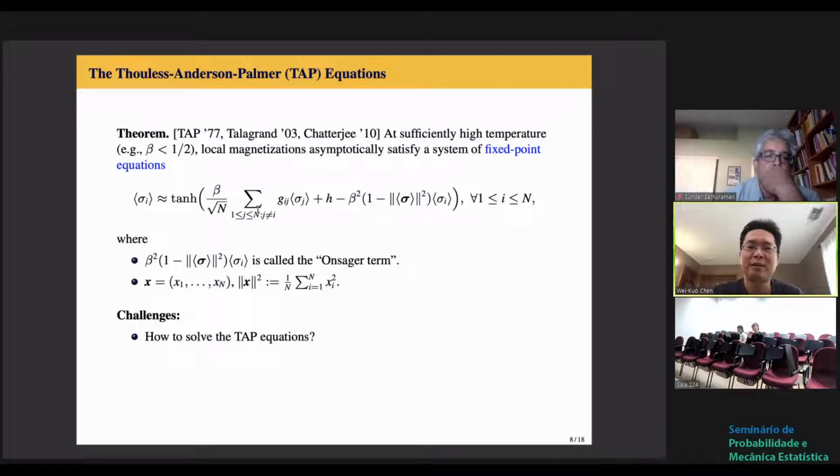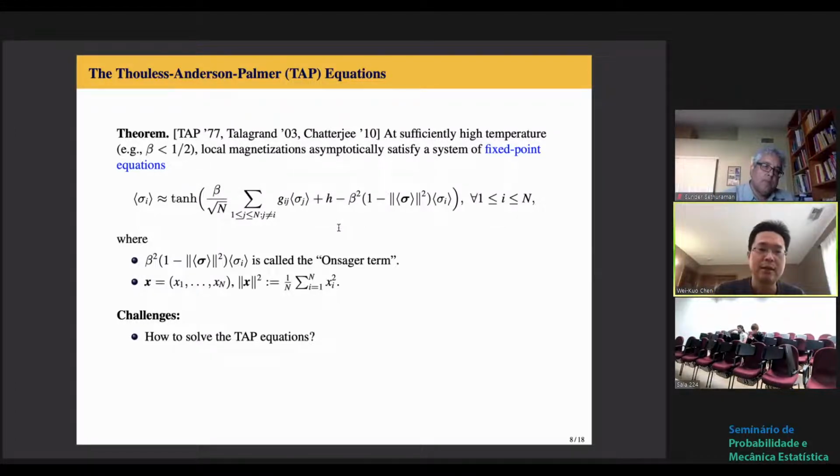This is like a matrix times a vector, like A times X. A matrix times X, and then there's another correction term, a so-called Onsager term. All right, this is a correction term. But overall, this is a nonlinear system of equations. So how to solve this is actually very non-trivial, especially when n is getting bigger and bigger.